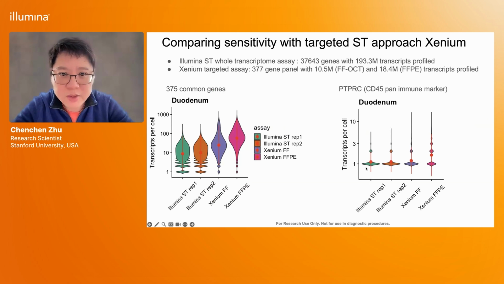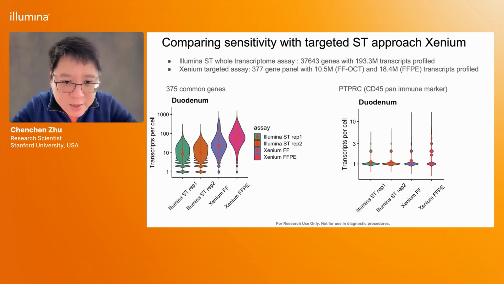And the other question is, how does it compare in terms of sensitivity? We are particularly interested in this because with the Illumina assay, we are profiling really the whole transcriptome. So it is 37,000 genes after some filtering, and we are looking at 200 million transcripts. And with a targeted assay, the number of genes is only 377, and the number of transcripts is also much lower.